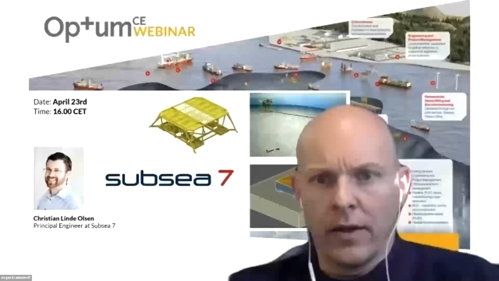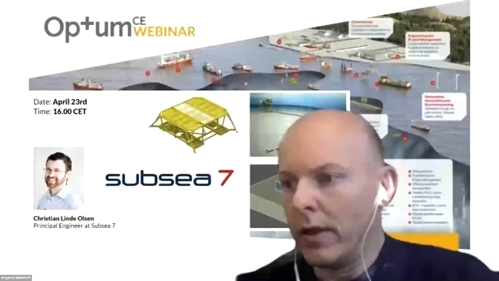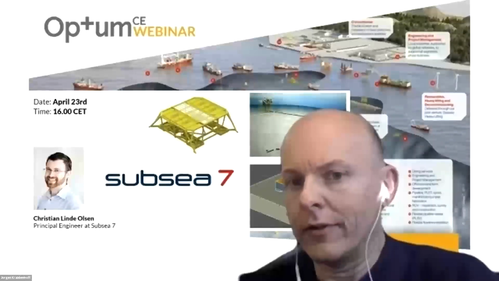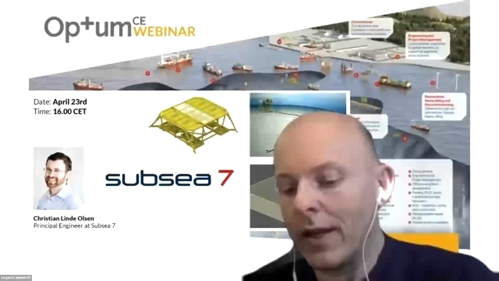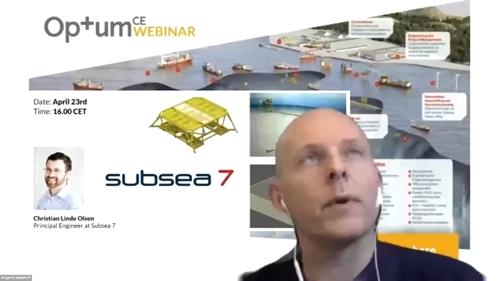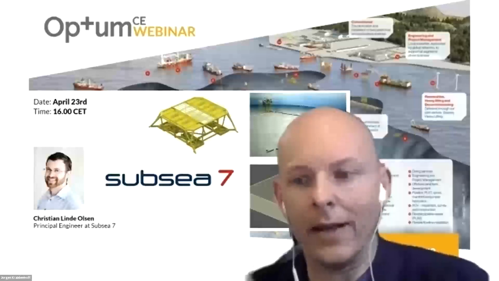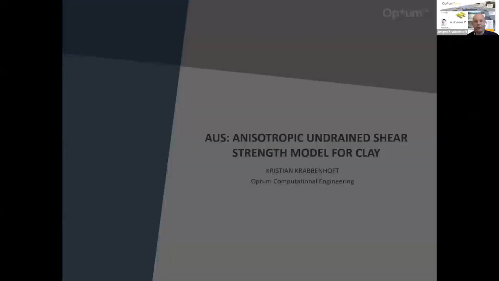All right. Then back to today's webinar, which is about analysis in undrained clay. And it has some kind of the same taste as our previous webinar on sand. So when you model friction materials, you might be wondering which friction angle should I use, and what about stress level dependency, stress state dependency.